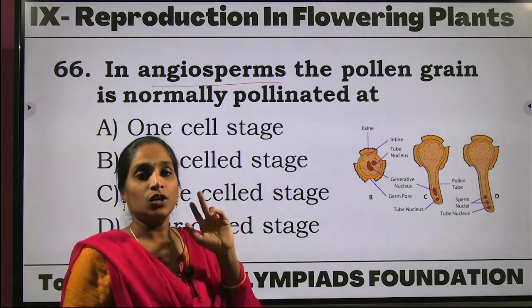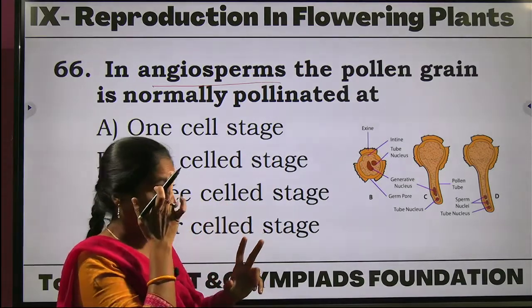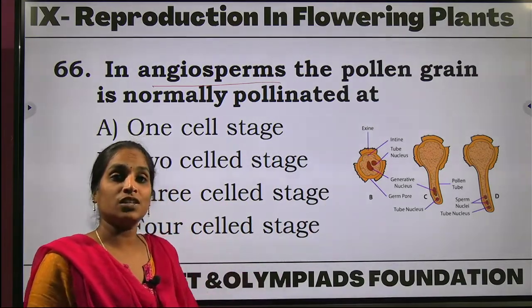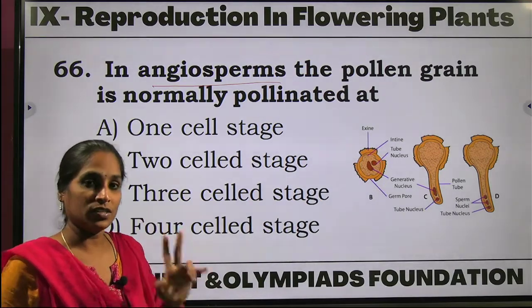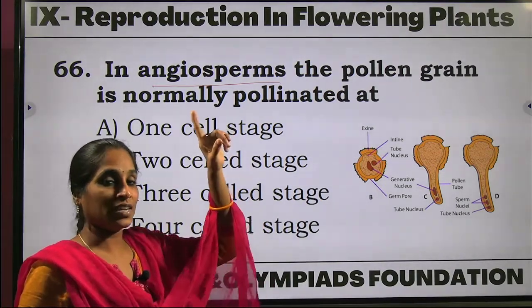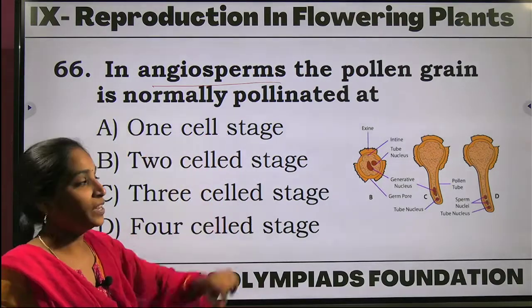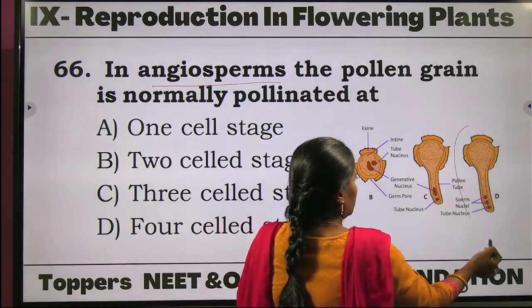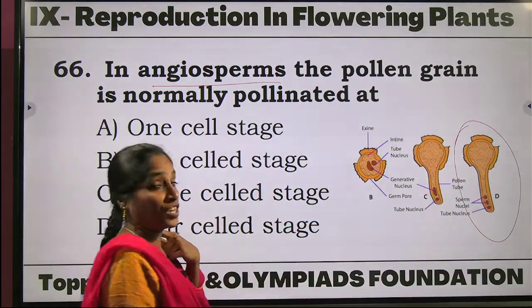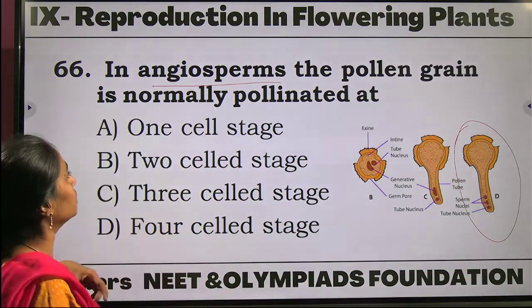It contains 2 sperm nuclei. One is for the first fertilization with the egg cell to form a zygote, and one more sperm nucleus is for the fusion with the secondary nucleus to form the endosperm. So what is the condition of the pollen grain here? At which stage can we observe the fertilization process?